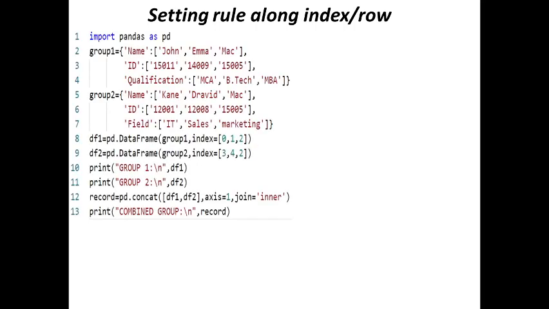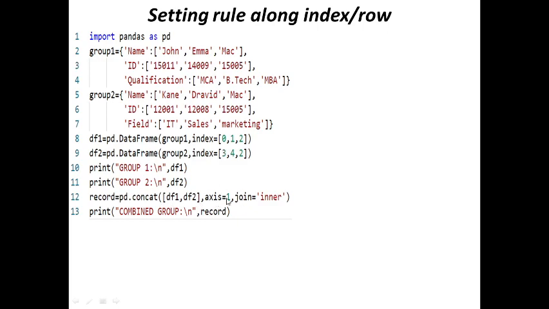Now let's see how to set rule along index or row. We have this dictionary, we have another dictionary, we are creating data frame. So these steps are similar. For first 0, 1, 2, for second data frame index values 3, 4, 2. So now we are specifying parameters axis and join.